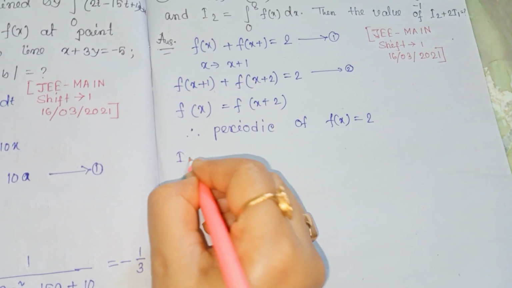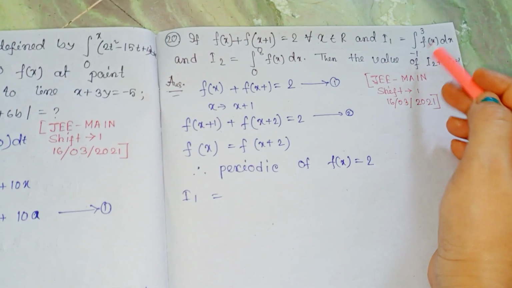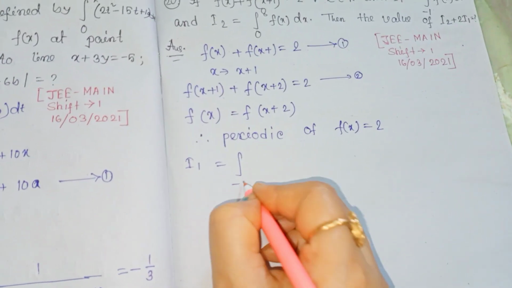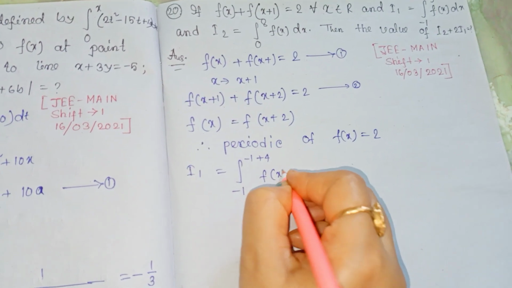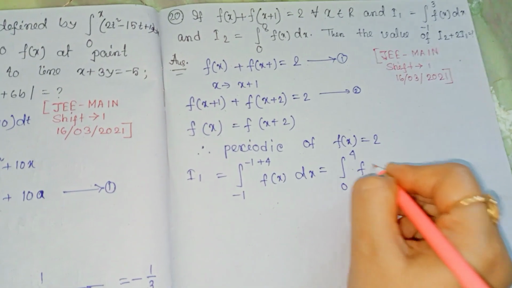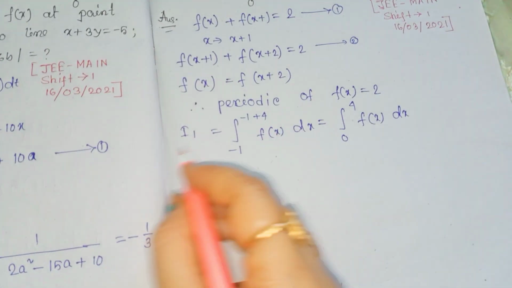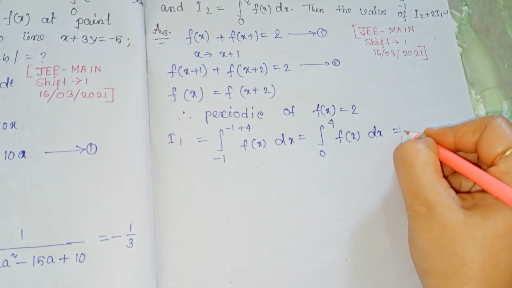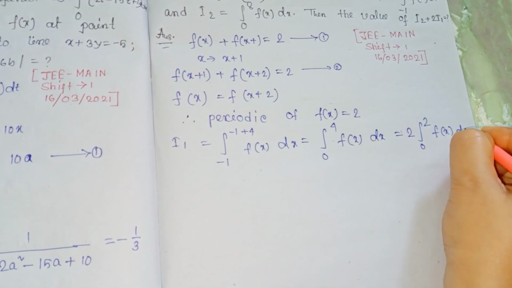Now I1 is equal to the integral from −1 to 3 of f(x) dx. We can write this as the integral from −1 to −1 + 4 of f(x) dx, which is equal to the integral from 0 to 4 of f(x) dx. So now I1 is equal to 2 into the integral from 0 to 2 of f(x) dx.